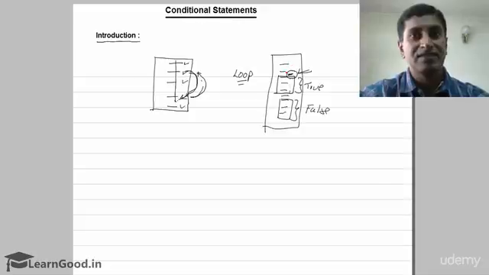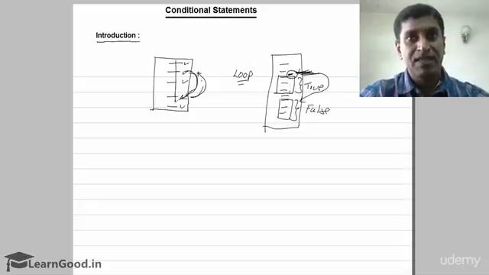In such cases, if the condition is false here, then directly you have to jump to this place. That's a forward jump. If this condition is true, then you have to execute this set of statements first, and then it shouldn't execute this. That means from here it should jump to this place. That means in both cases you are going to go for a forward jump. In such places, we use conditional statements.